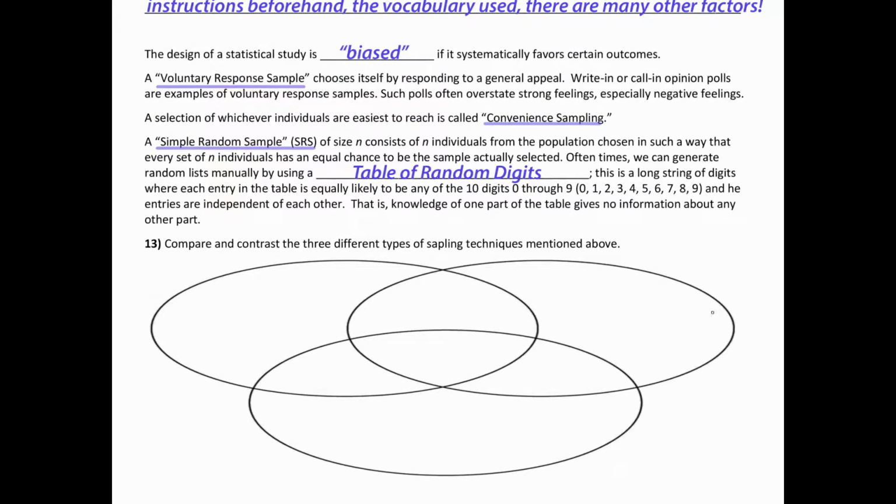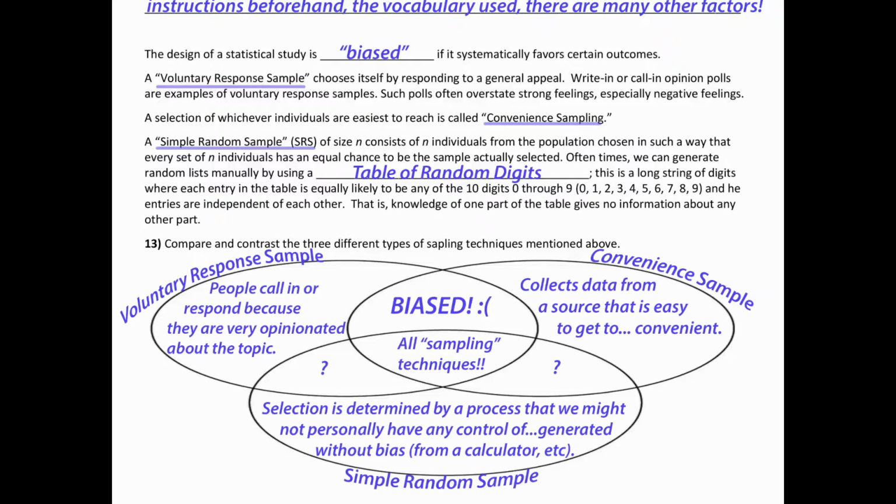At the bottom, question number 13, comparing and contrasting the 3 different types. So I have voluntary response samples, convenience samples, and simple random samples. Sometimes they can overlap, sometimes they have things in common, other times they might not have much in common. Voluntary response samples are where people call in because they're very opinionated about the topic.